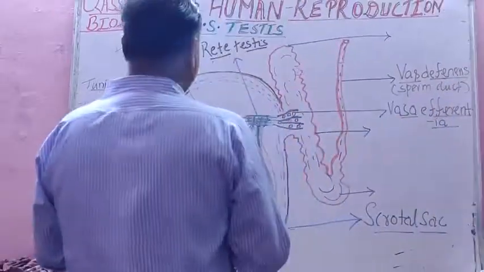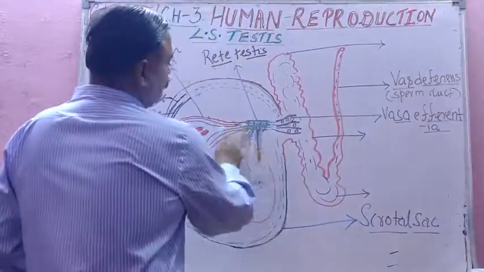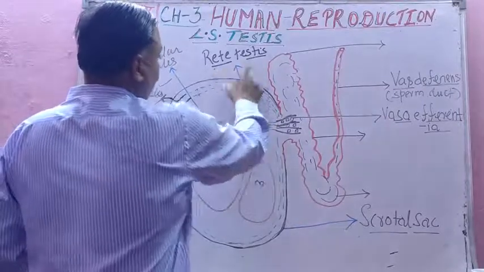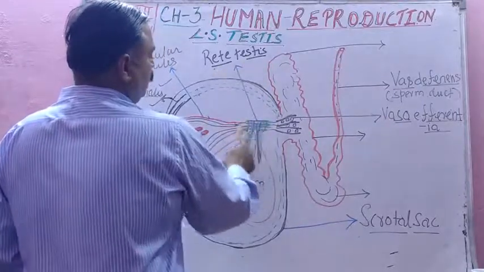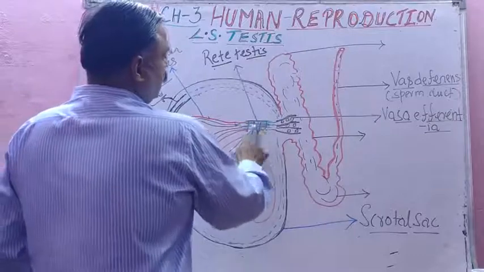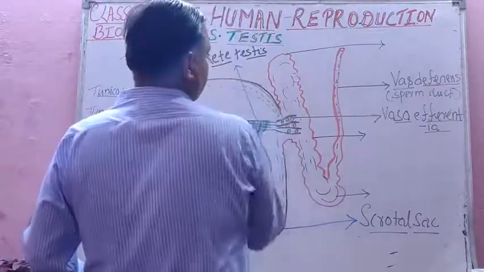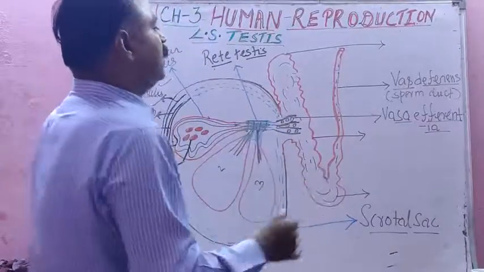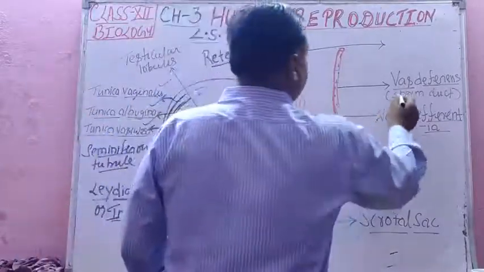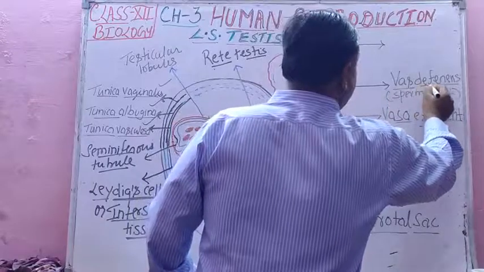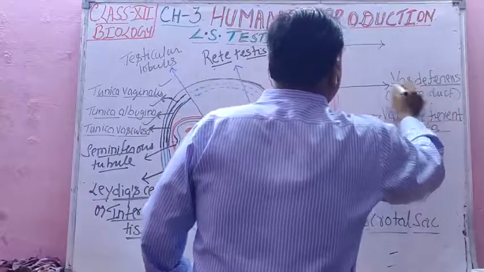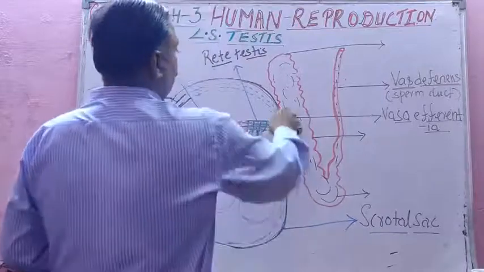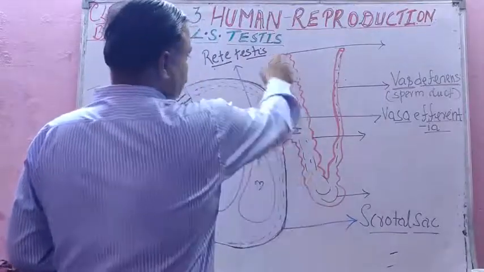Once again, seminiferous tubule, when it comes out from the testicular lobules, forms rete testis, a network of tubes, and when it comes out of the testis, it is called vasa efferentia. Any structure coming out is called efferent, and then this opens in vas deferens or vasa deferentia. Singular is vas deferens, that is the sperm duct. Before that, it opens in epididymis.